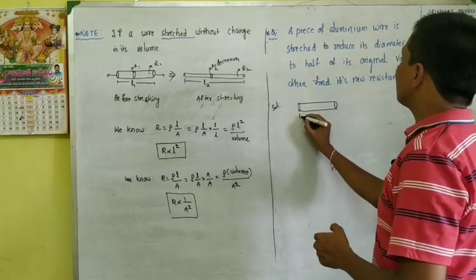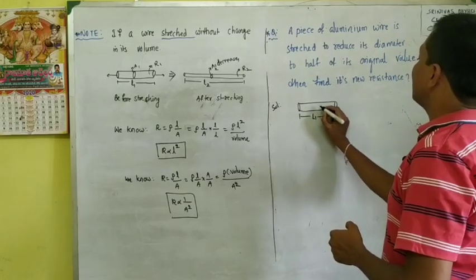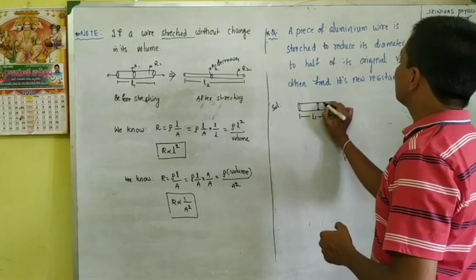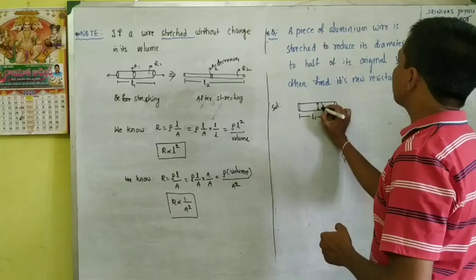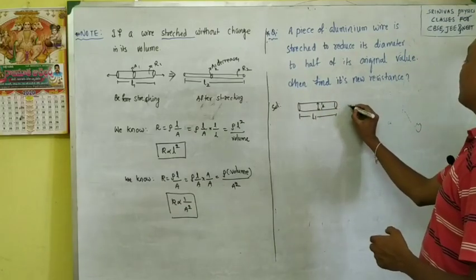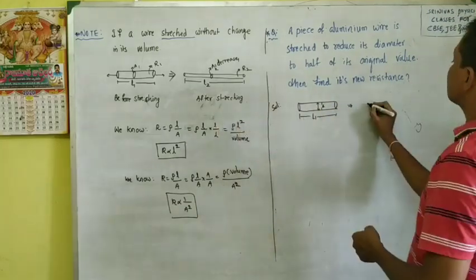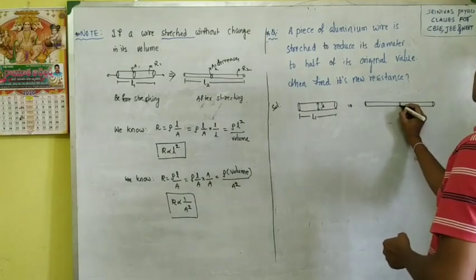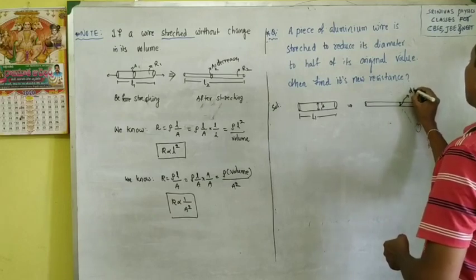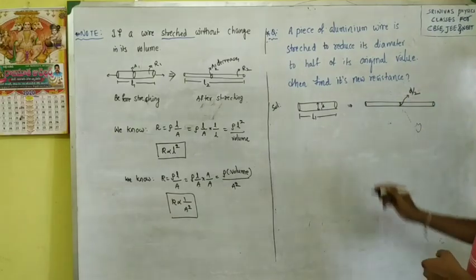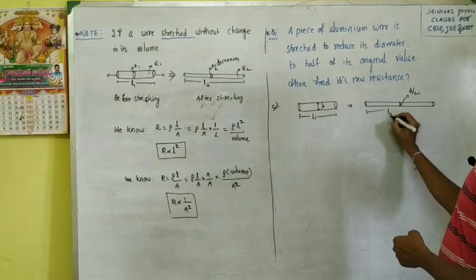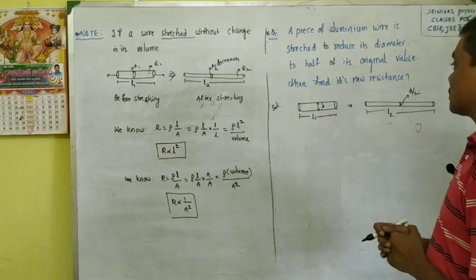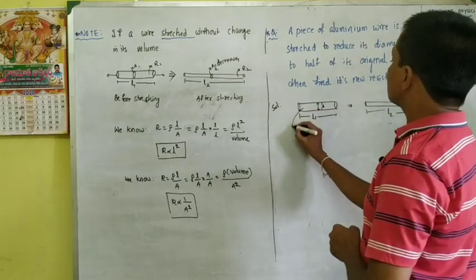It has some length L1 and some initial diameter D. And it is stretched now, in such a way that its diameter becomes half of its original value. How many times the length becomes we don't know, but they only gave that the diameter reduces to half of its original value.